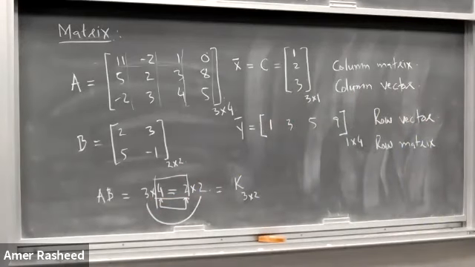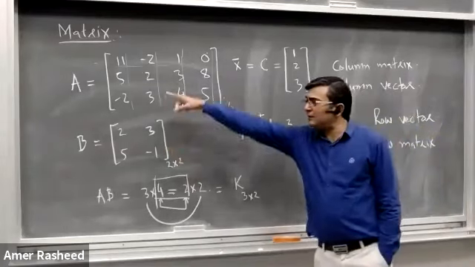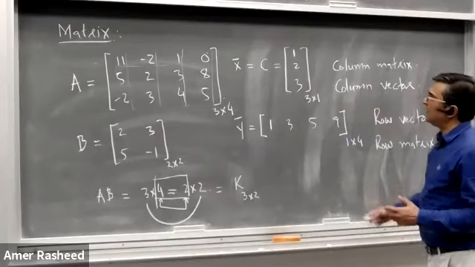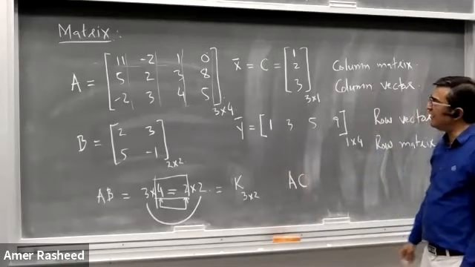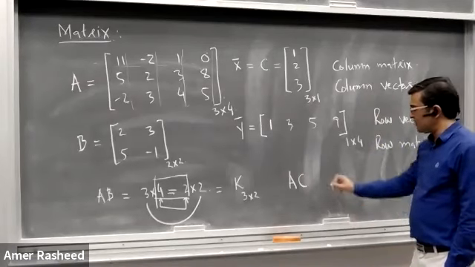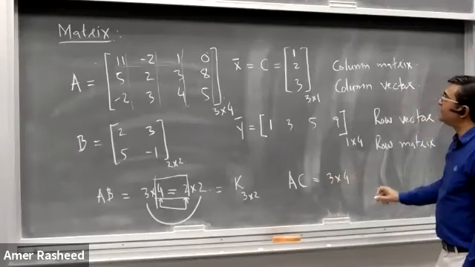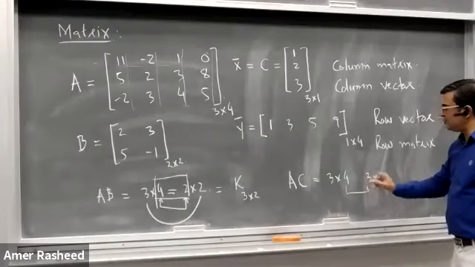Now, if you look at A and B, these two matrices are not multiplicable. But let us see whether A and C are multiplicable or not. The order of A is 3 cross 4. The order of C is 3 cross 1. So these two things are not equal.